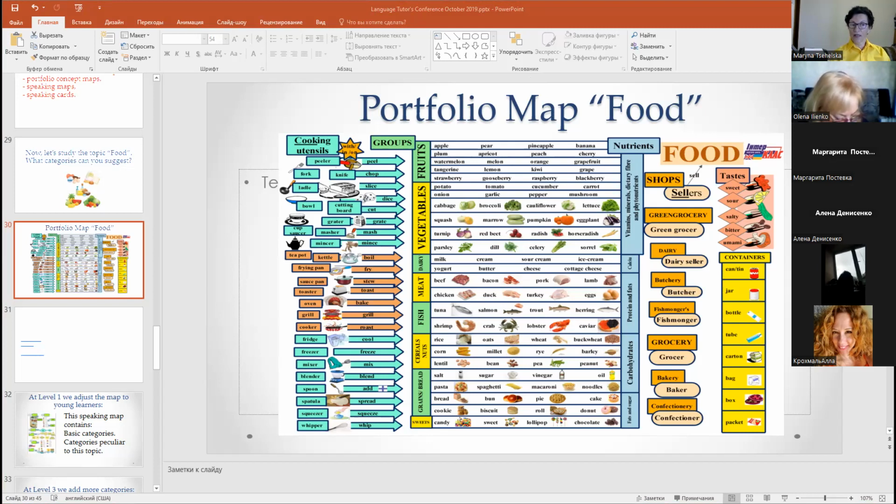It actually makes teachers' work less stressful, because the vocabulary is grouped and you may develop thinking skills with this map, you may develop speaking skills, you may use different ways of working with this map.